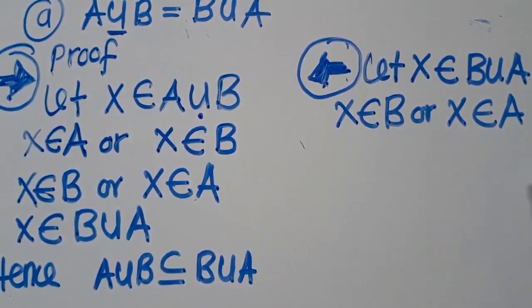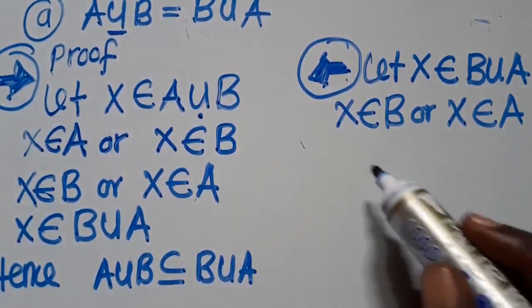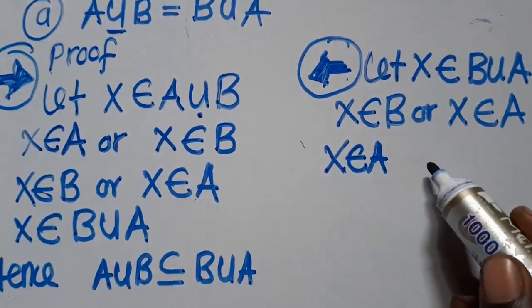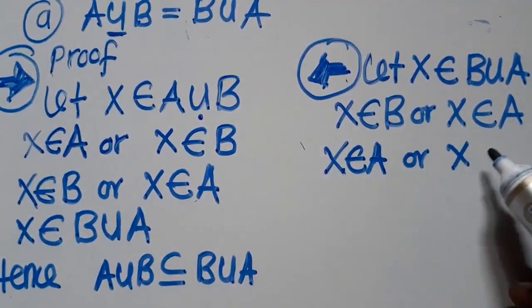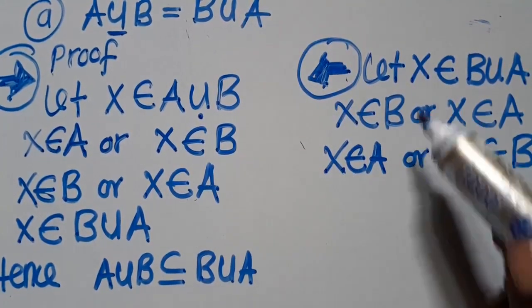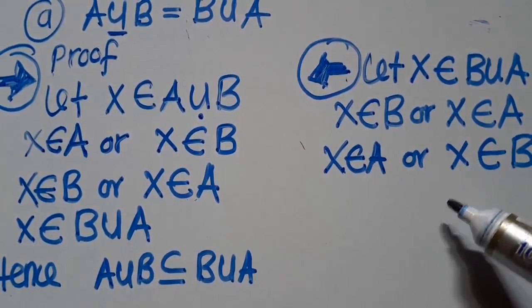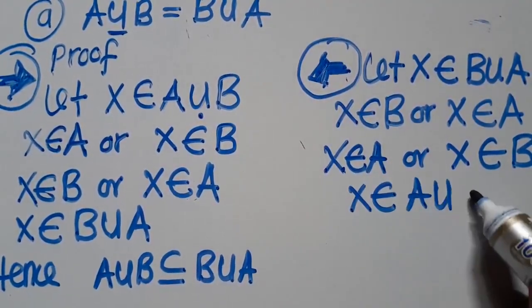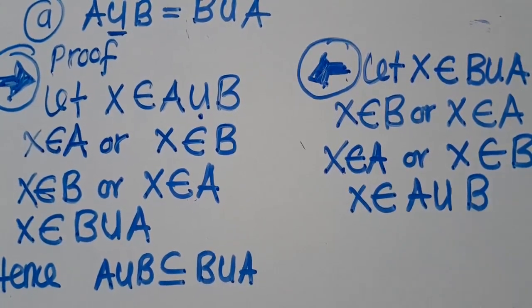This is very simple, and everyone is going to understand. You can start with X is a member of A, or X is a member of B. These are just one and the same, which means that X is a member of A union B. This is how you prove this.